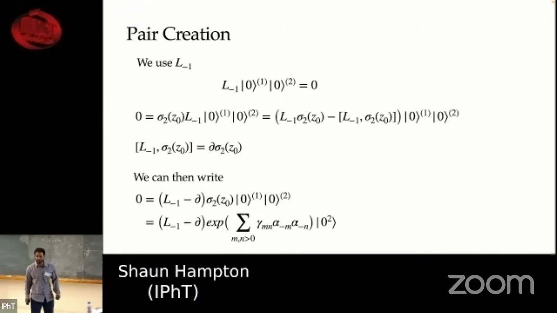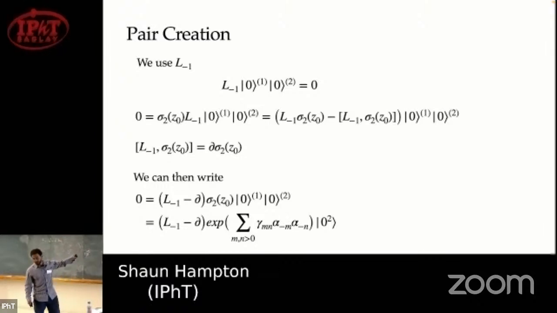So first, let's look at pair creation. How do we bootstrap this quantity? We're going to use L minus 1, and L minus 1 acting on the vacuum is 0, and we use this conveniently. Then we can apply sigma to L minus 1, and we know it's 0, so let's move the L minus 1 through the sigma to the other side, so you'll get 2 terms.